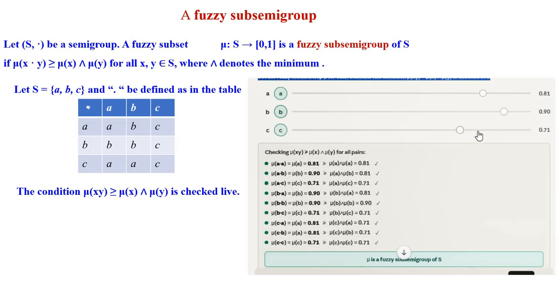This is actually from Claude, so that has given me this. So just for you to know that when you change, you will have here that it is not a fuzzy subsemigroup. It is clearly seen here, right, when you have it like this.